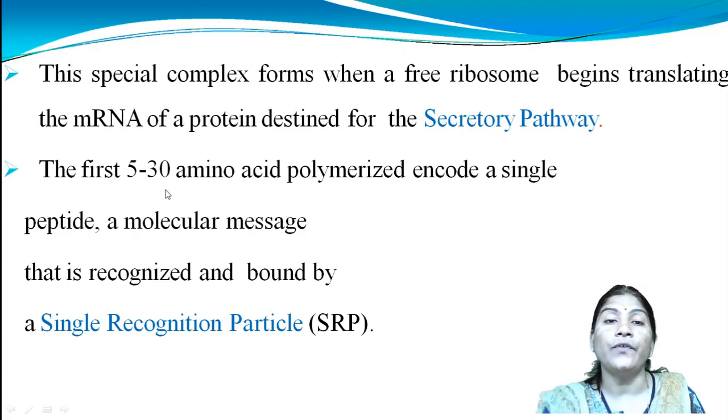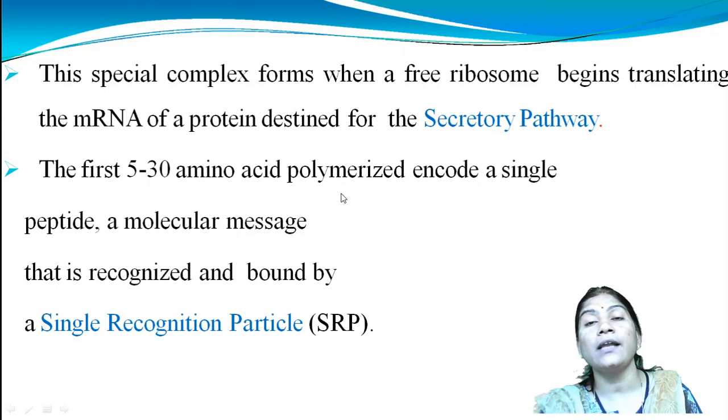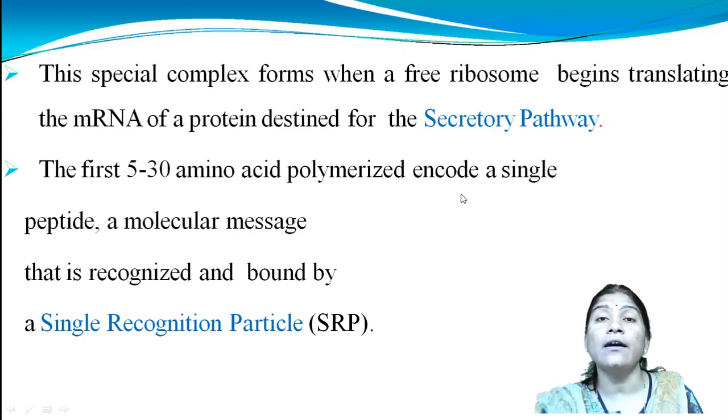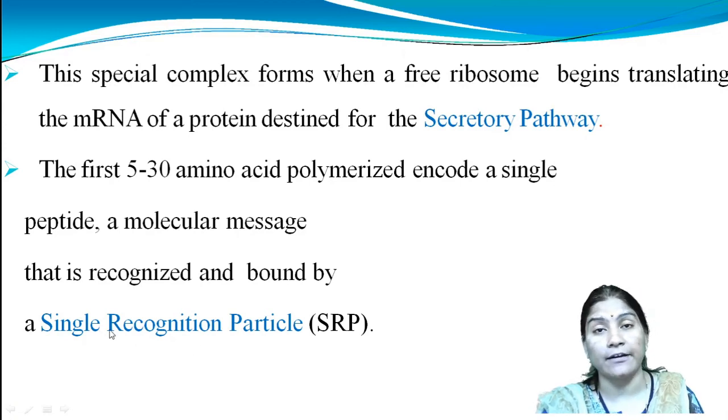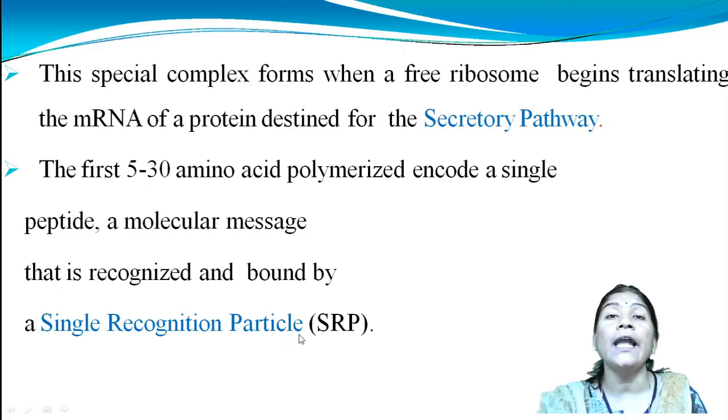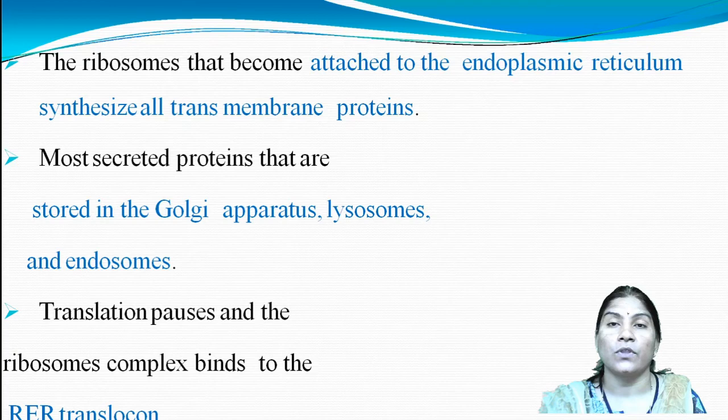The first 5 to 30 amino acids are polymerized and encode a signal peptide, which is recognized and bound by the signal recognition particle. That signal recognition particle is called the SRP.